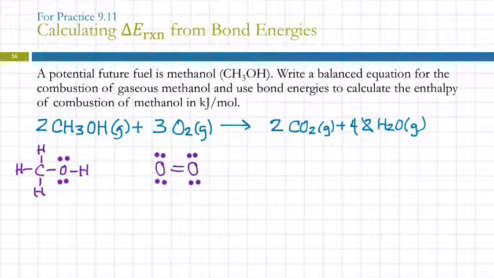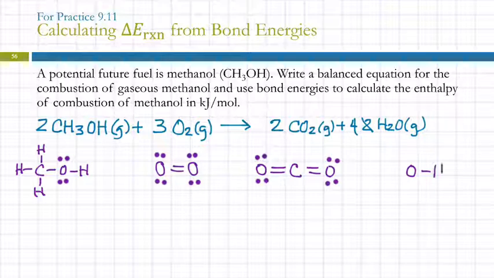And then over here for CO2, the carbon is double bonded to the oxygens. You would take more time figuring this out, but it's not the point of this problem, so I'm not going to go through all of that. Those are the Lewis structures for the compounds involved.